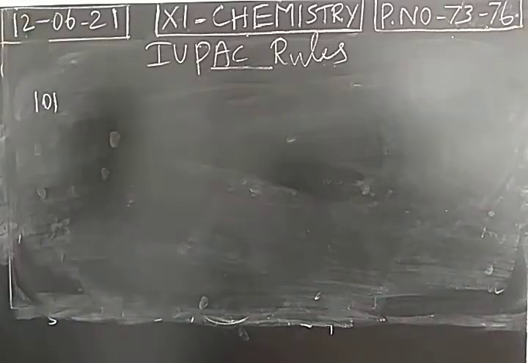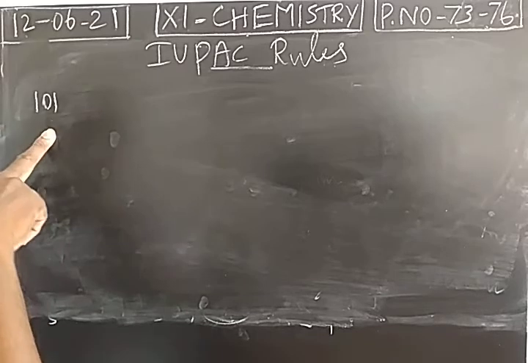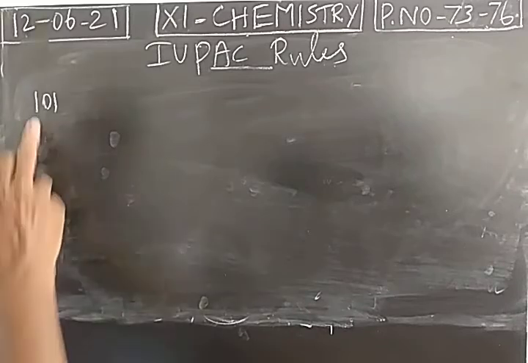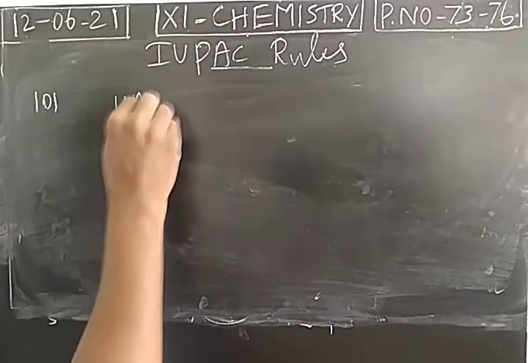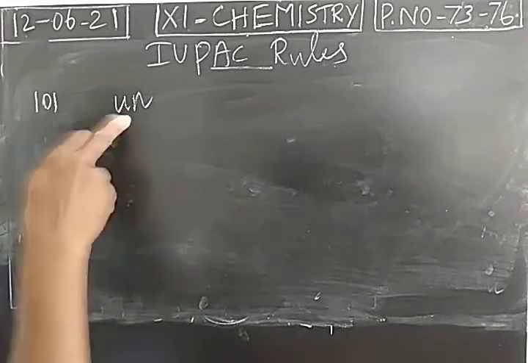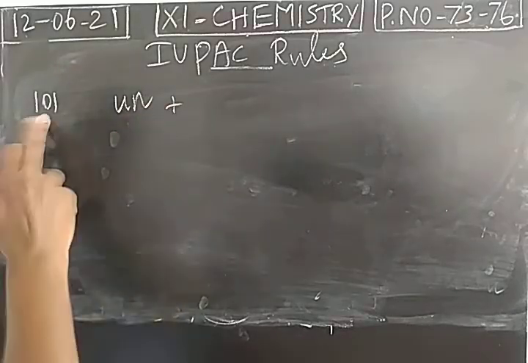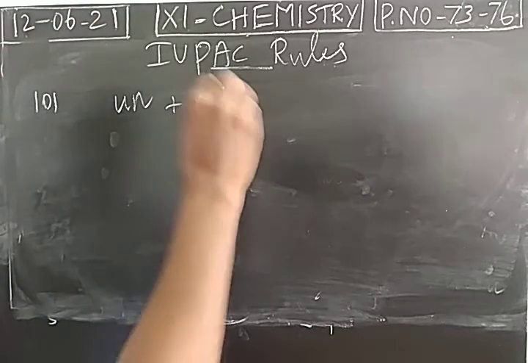We take the elements with atomic number more than 100. So we take an element with atomic number 101. Join the root words. For digit 1, the root word is un. Next, 0, root word nil.